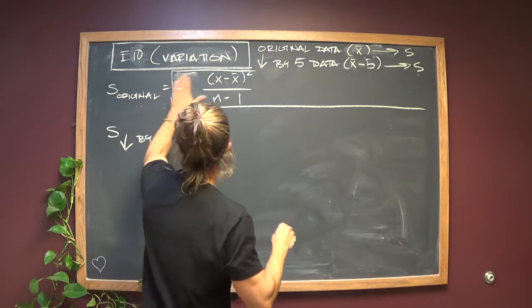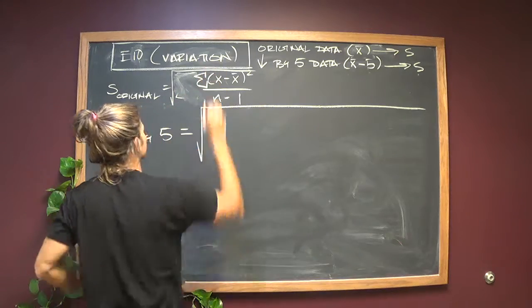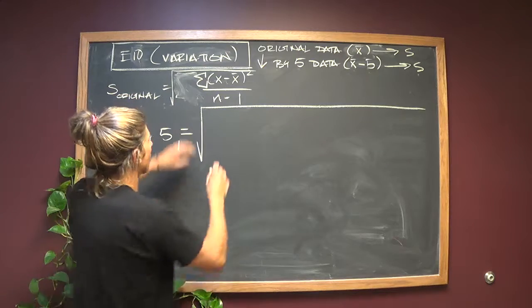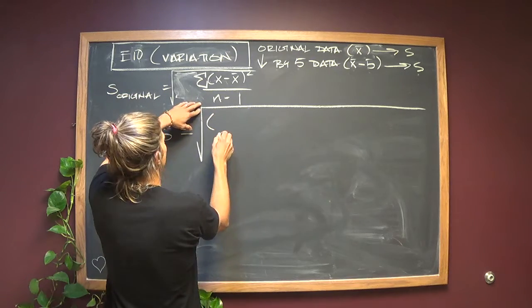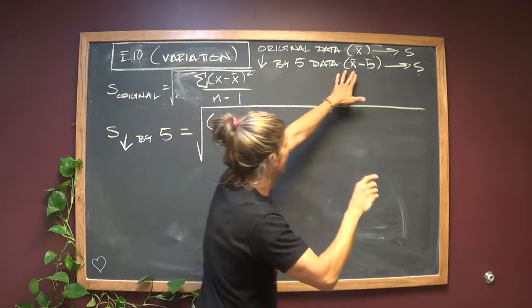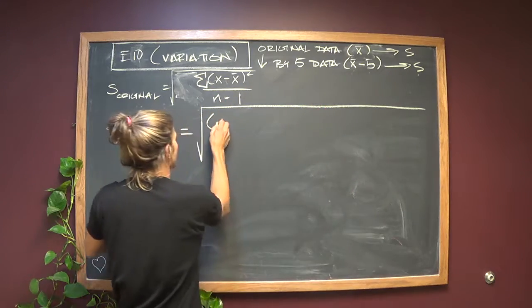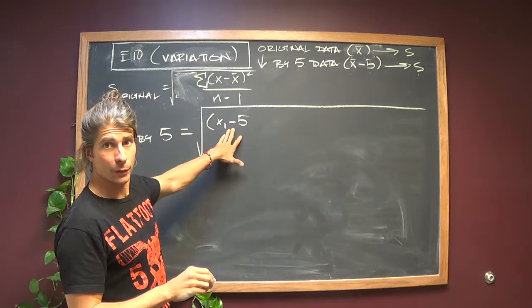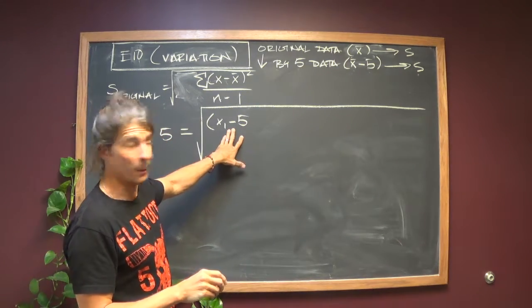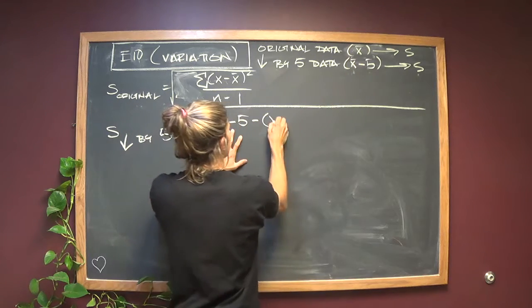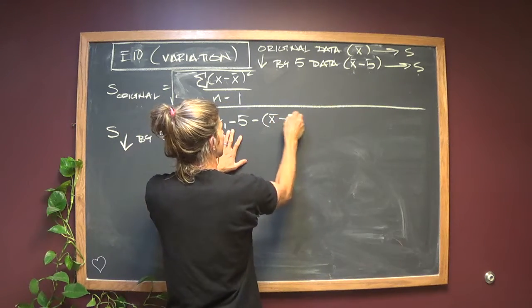The sum of the squared deviations. The first one is going to be the first x value. Now remember, the x values, x sub 1, are decreased by 5. We're going to subtract from that the new average, which is x bar minus 5.